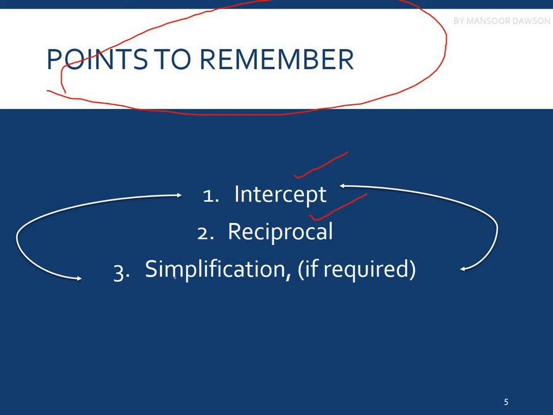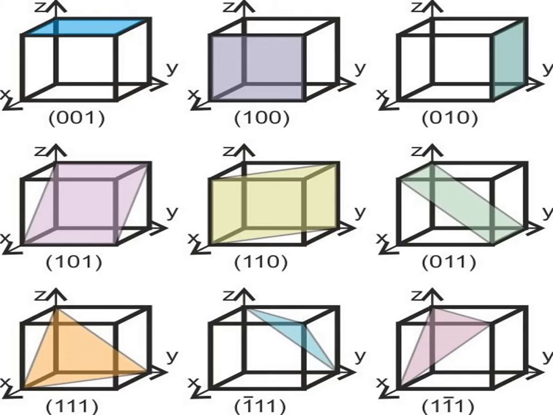And if you already have a Miller index given to you, you take the reciprocal of it, and by taking the reciprocal you will be able to find the intercepts. Then you plot the intercepts and identify the plane in the unit cell. So let's begin the practice.